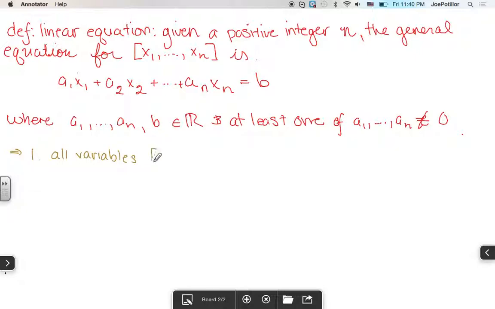All variables, which are the x's, must have degree 1. So you see all the x's in this equation have degree of 1.